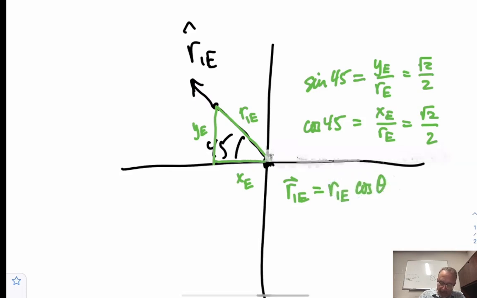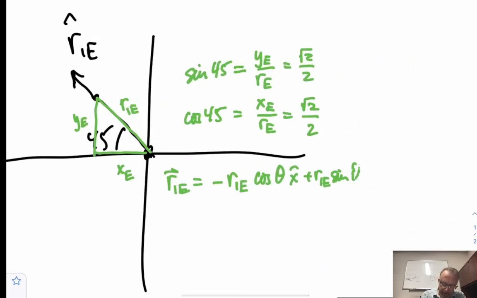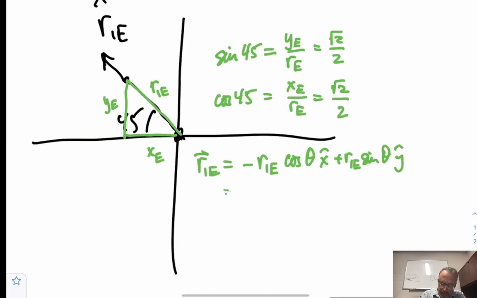Okay, that's fine. Minus R1E cosine theta x hat plus R1E sine theta y hat. And notice what that gives you: minus R1E cosine of theta is square root of 2 over 2 x hat, plus R1E, the sine of theta is the square root of 2 over 2 y hat.